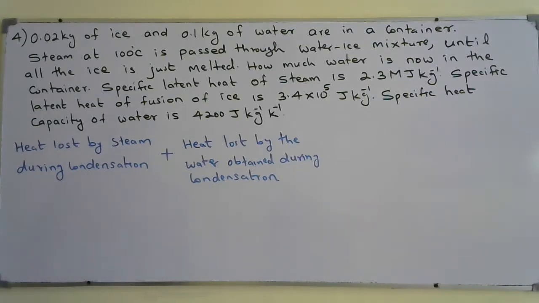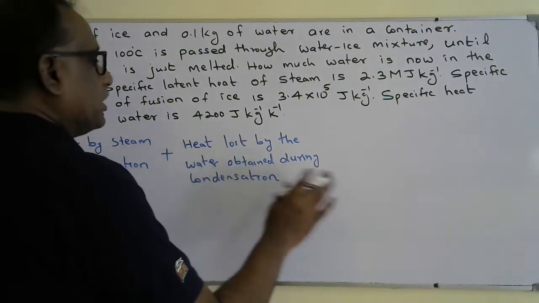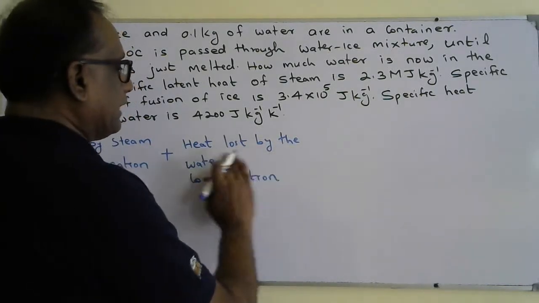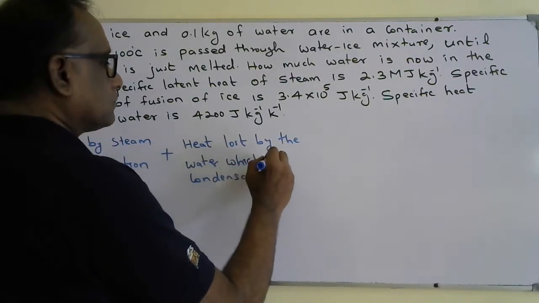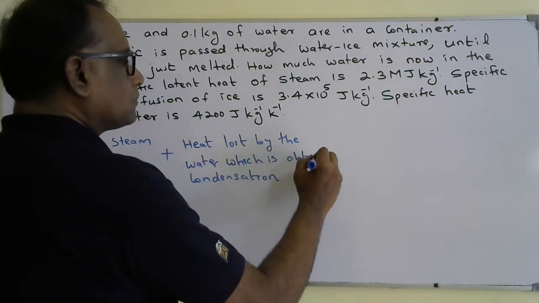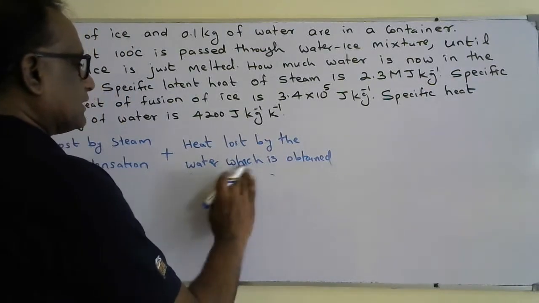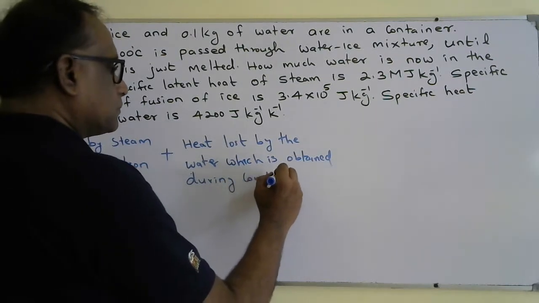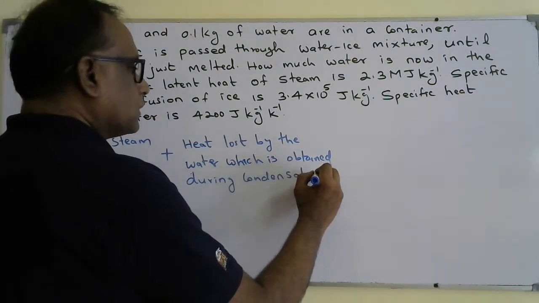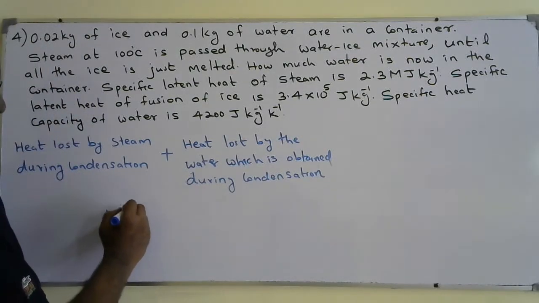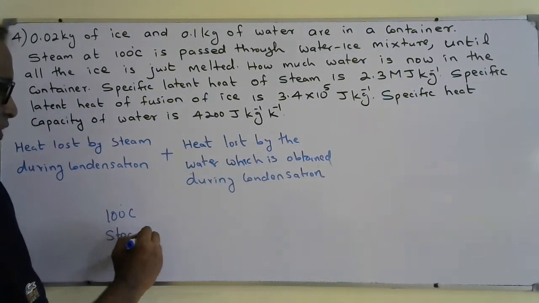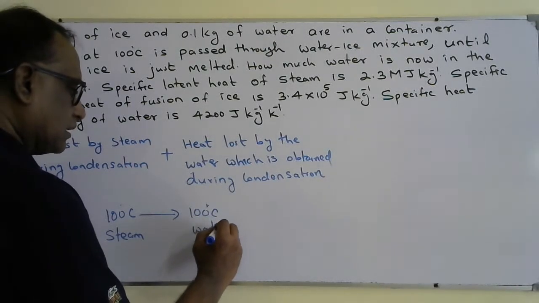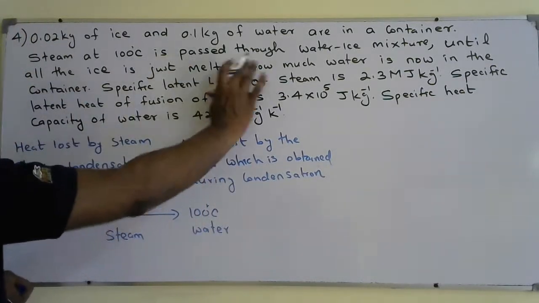So the heat lost by the water which is obtained during condensation, because when there is steam at 100 degrees Celsius, when it condenses, first it will become 100 degrees Celsius water. So that water can't stay inside.